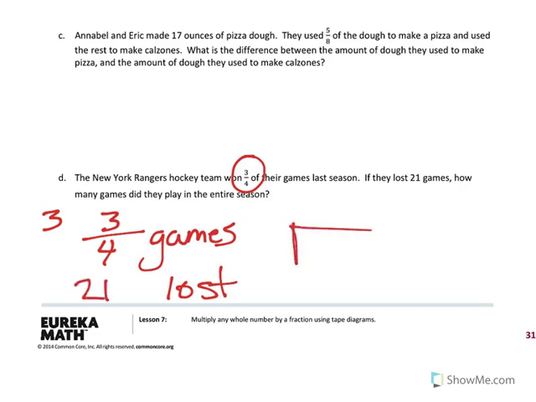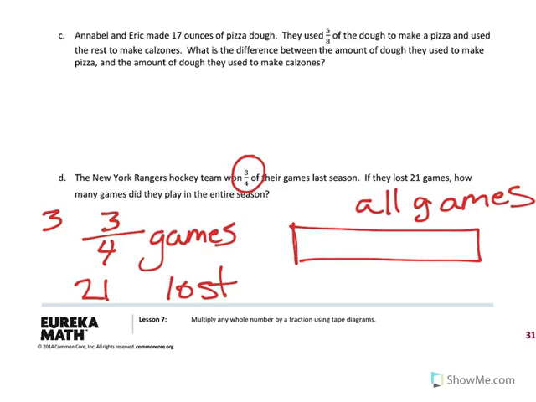Okay, so if I draw a tape diagram, these are all the games, which I don't know. But I know I can break it up into 4s. 1, 2, 3, 4. They should all look about the same. Okay? So break it up into 4. They lost 21 games.